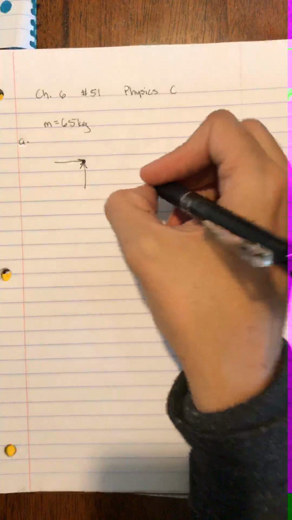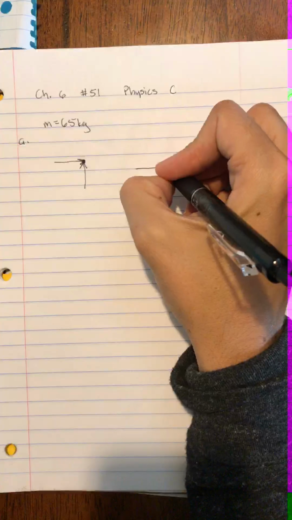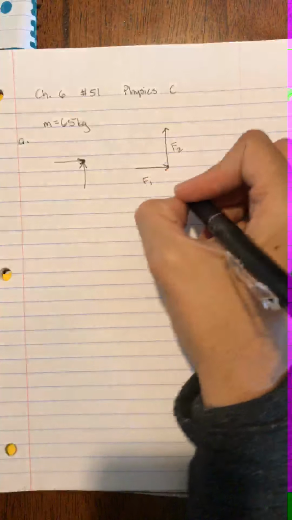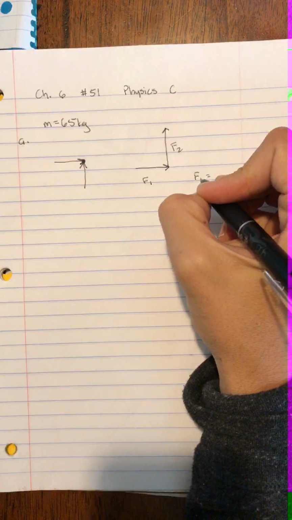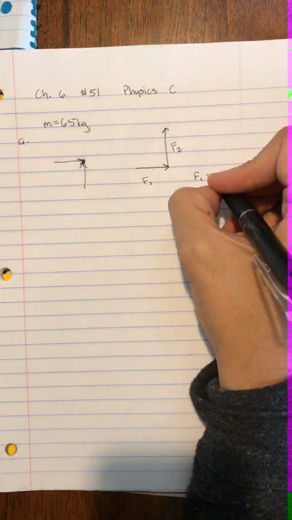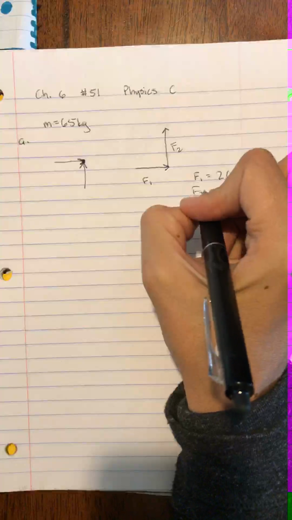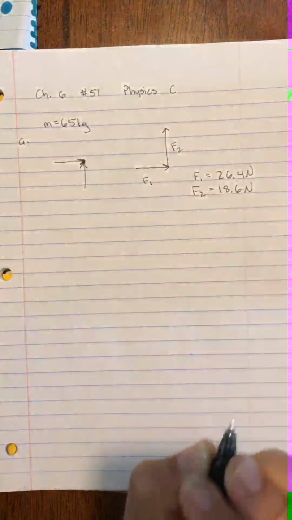So if we just look at those forces, we would see that F1 looks like that, and F2 looks like that. And if we look at those values, F1 is 26.4 newtons, F2 is 18.6 newtons.